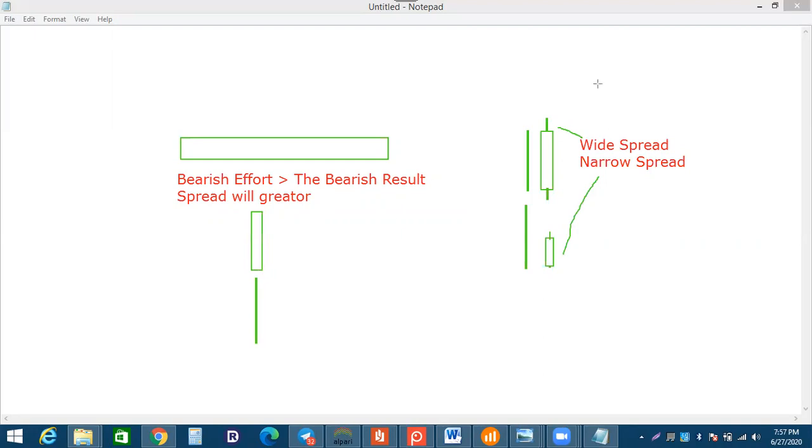Can anyone tell me, is she right? No, sir. I understand. That statement shows bearish effort is greater, which means volume is greater and the spread is not greater.